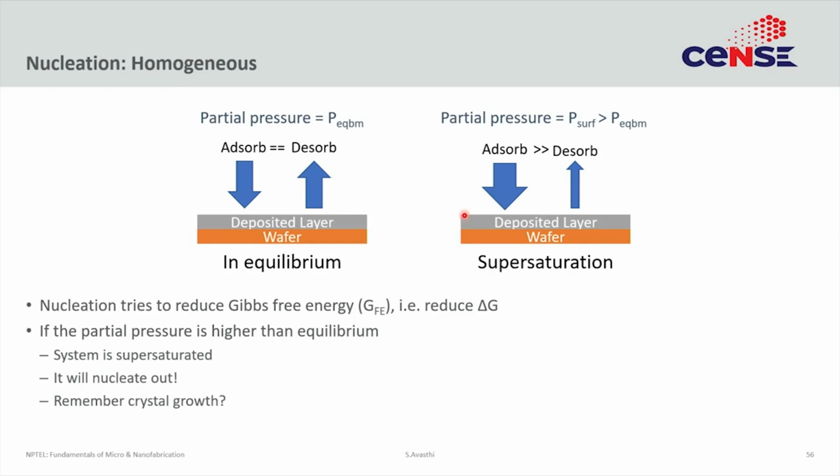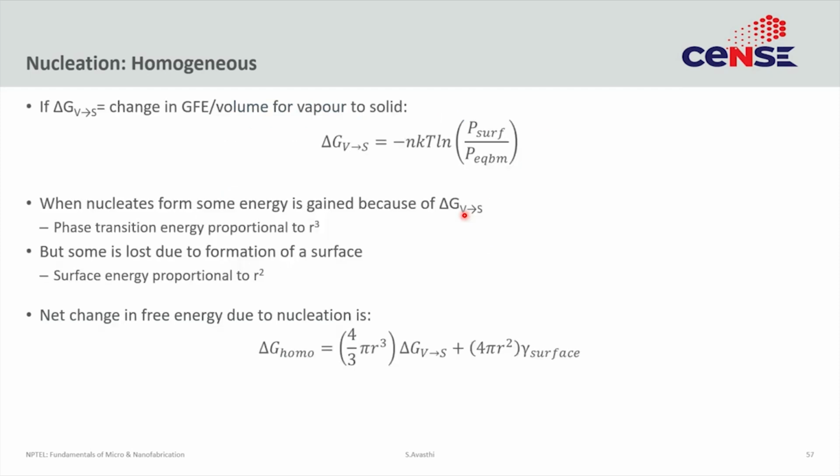But, as I said, that is all thermodynamics. Given infinite time, the material will nucleate out, or start forming a crystal. There is a certain kinetics to it, so just remember that whether it happens in finite time or not really depends on the nucleation rate.